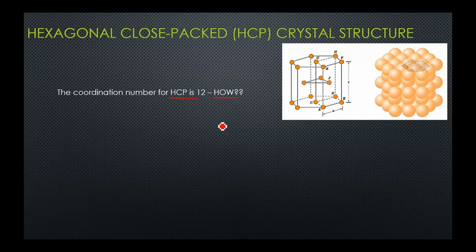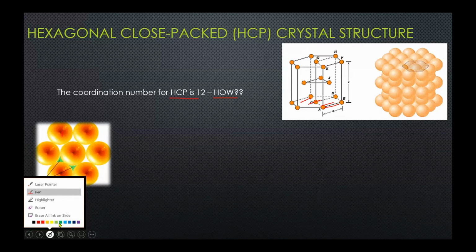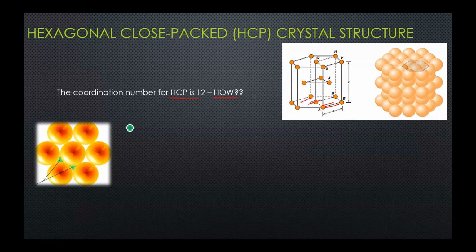Let's first look at this layer, which is known as the basal layer, the arrangement of atoms in this basal layer. So in this basal layer, you have one, two, three, four, five, six corner atoms, and then there is a face centered atom.